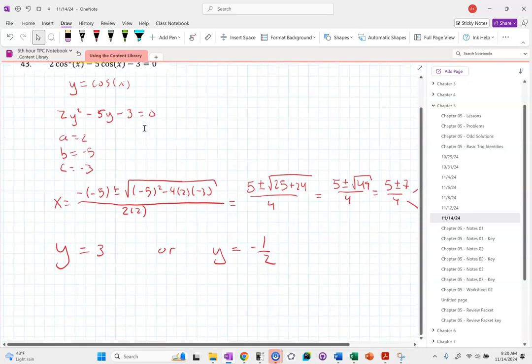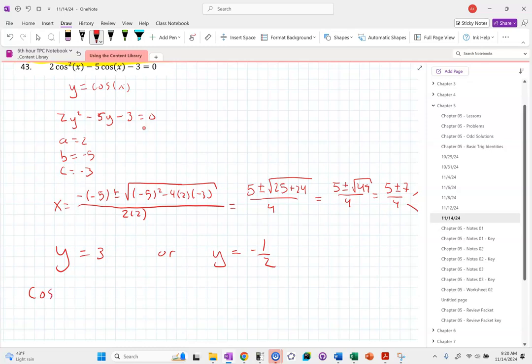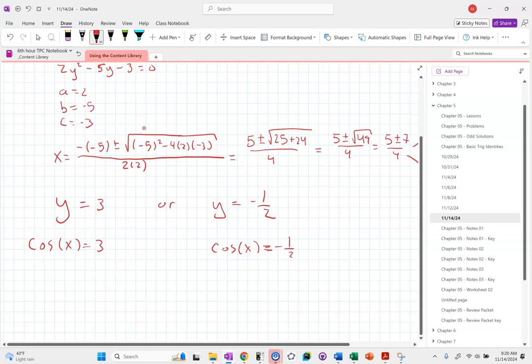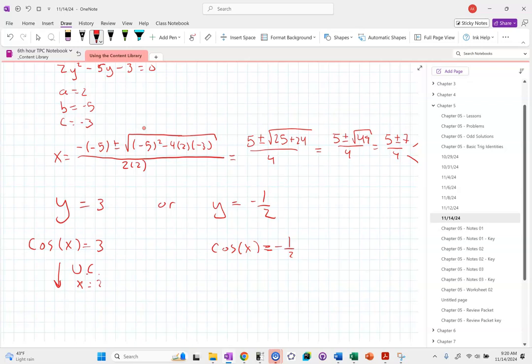Mm-hmm. Now we've got to put our cosine x back in for y. I'm just going to go to my unit circle and look for the place where cosine x equals 3. Uh-oh, what do you notice?